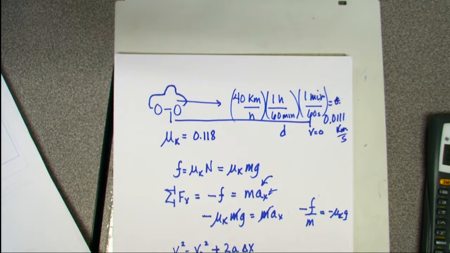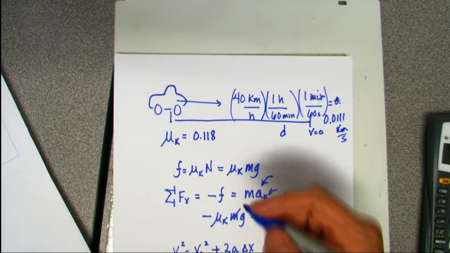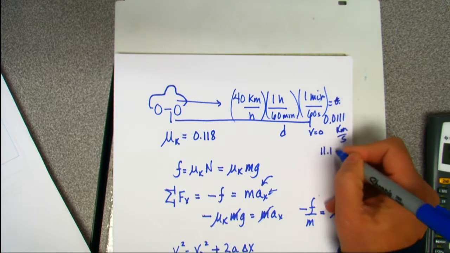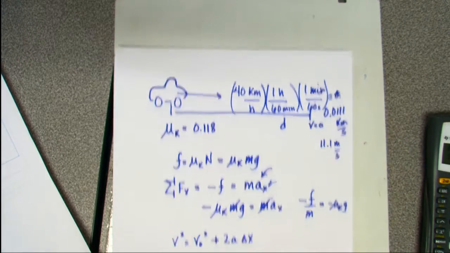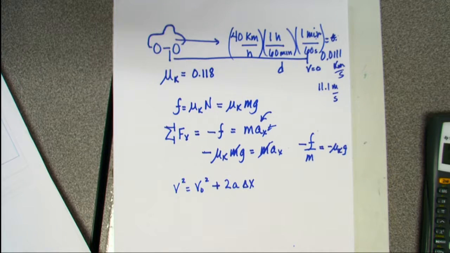Multiplying by 1,000 to convert to meters gives me 11 meters per second.